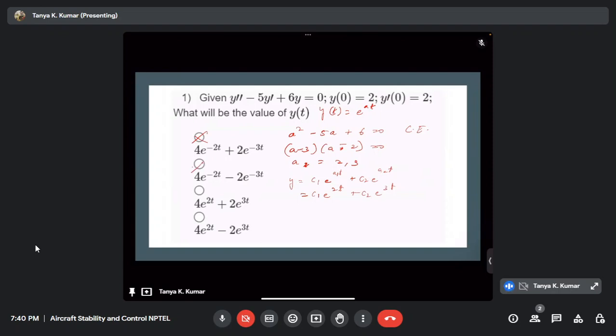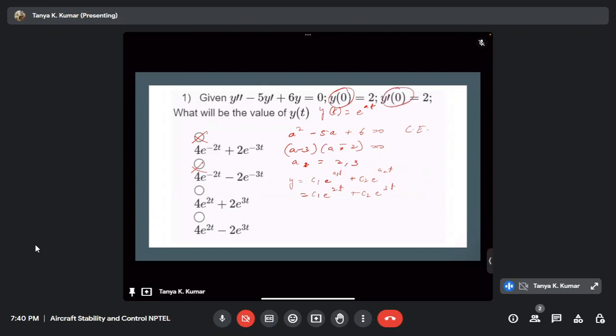Now using your initial conditions, find out c1, c2. I hope you've solved it. Can you tell me what c1, c2 are? Just substitute the initial conditions, y(0) and y dash(0), to find c1, c2.